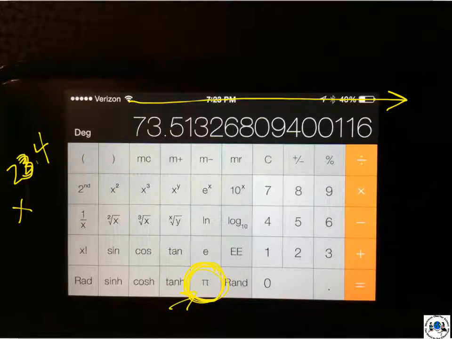It's an infinite decimal number. Okay, alrighty. As you can see, my answer was 73.51 because you were asked this time to round to the nearest hundredth.